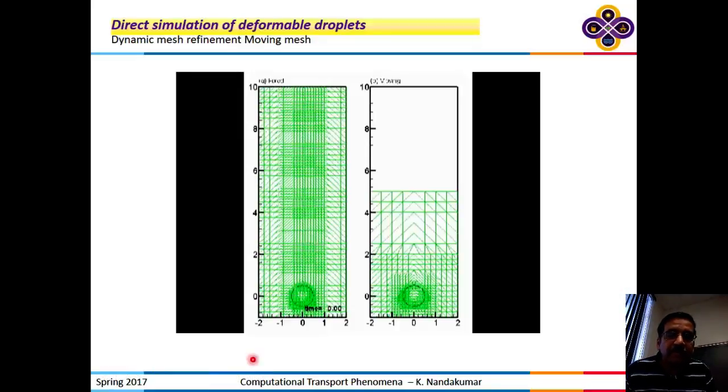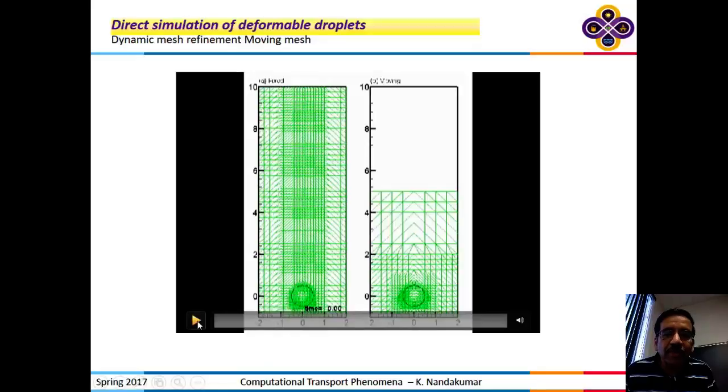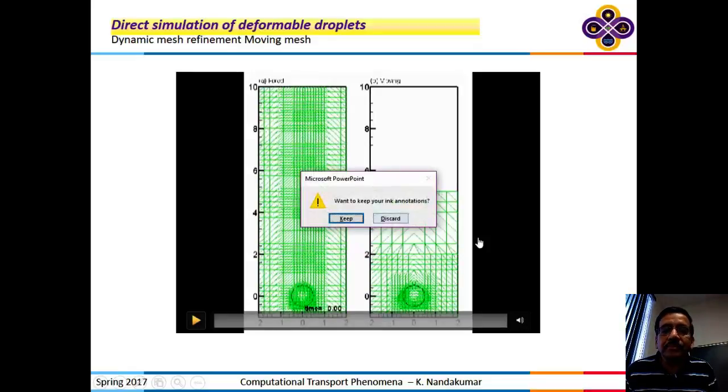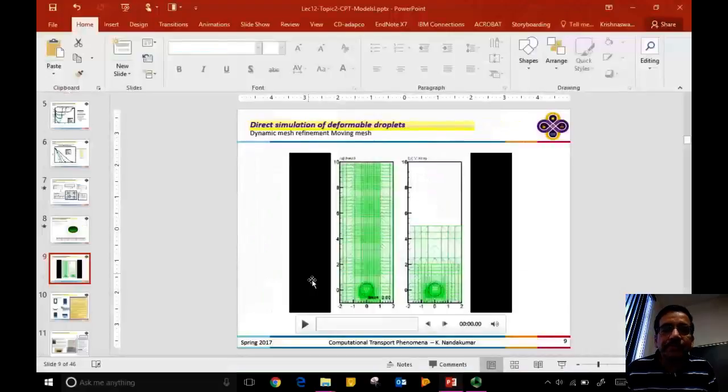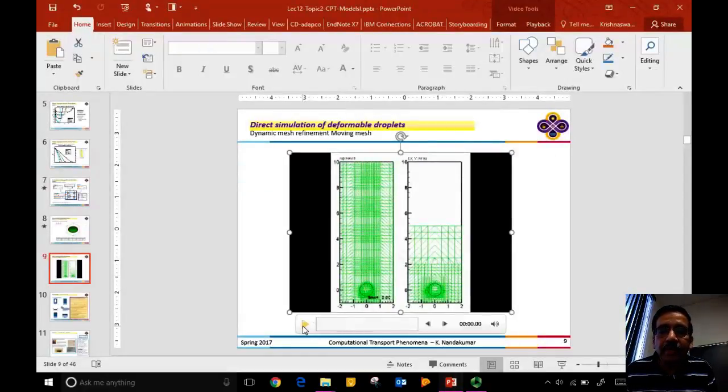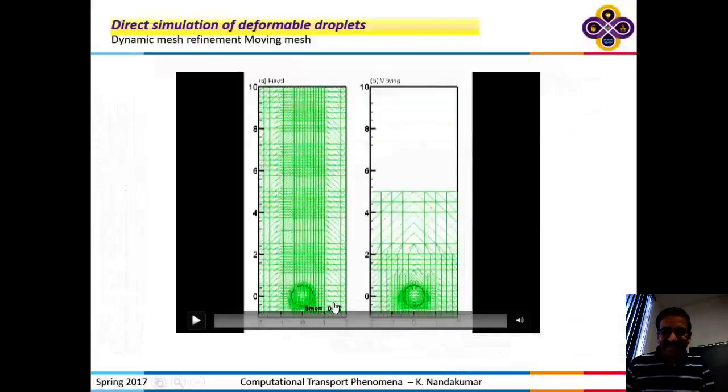Again, it's a nice animation, but unfortunately, it may not work. None of them work. Maybe it works this way. Cannot play media. Okay, I'm sorry.